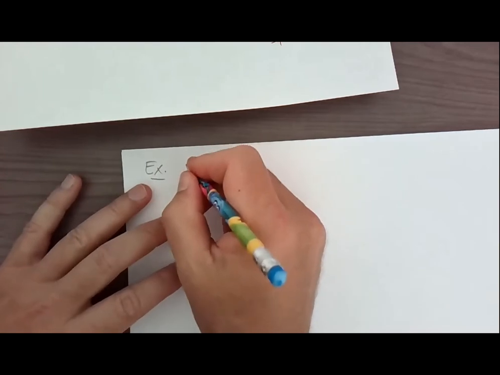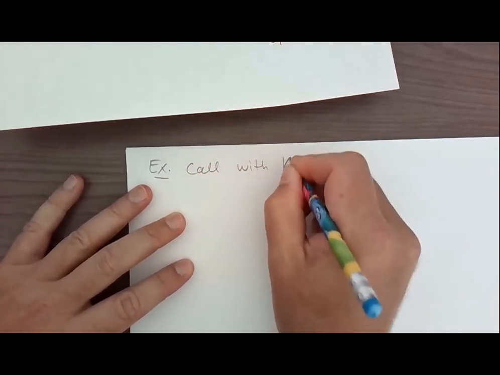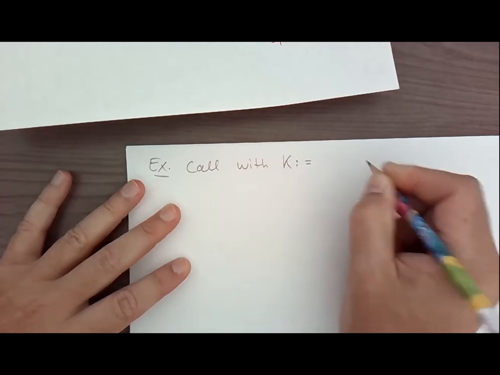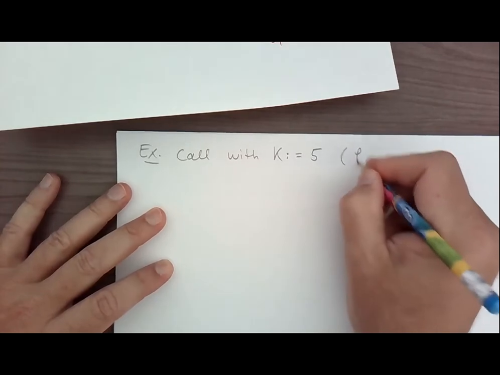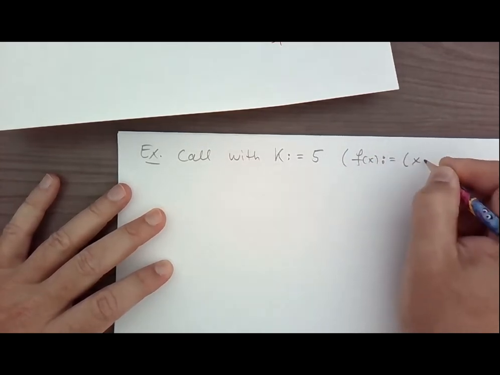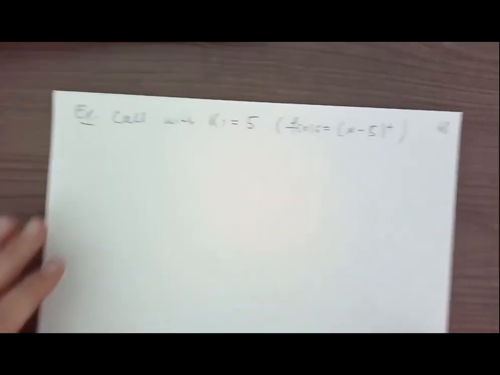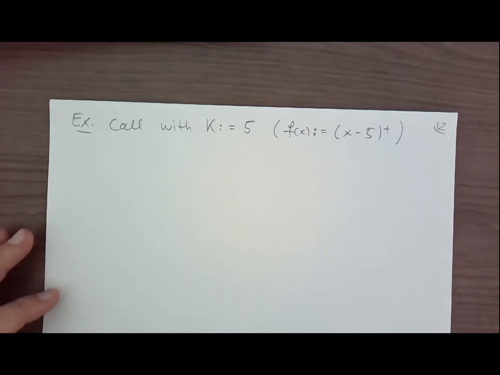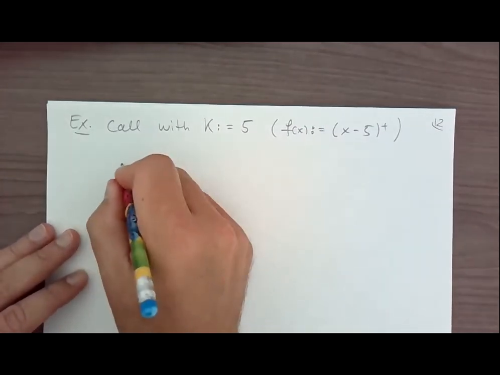We're going to be looking at a call with K being 5. So the payoff, this is my f of x, was given as x minus 5, positive part. And as before, we have our stock.